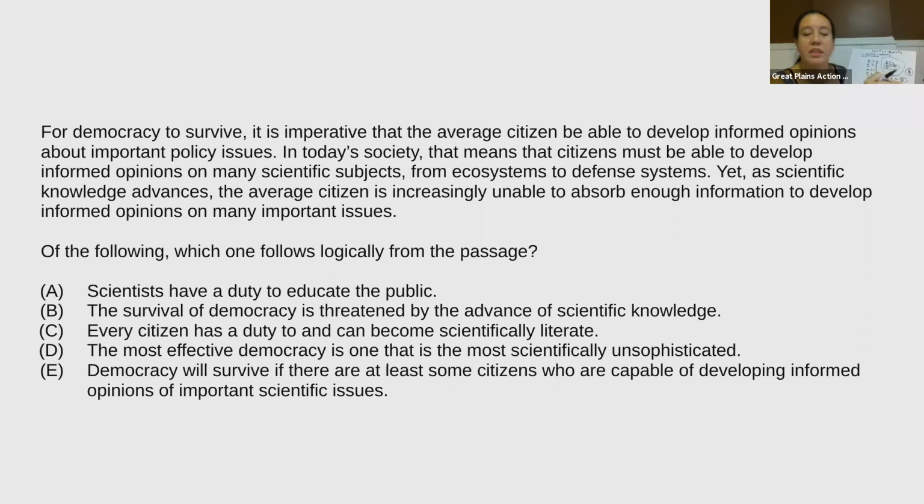So that's bringing in new stuff, rule that one out. Democracy will survive if there are at least some citizens who are capable of developing informed opinions on scientific issues. That doesn't follow from the premises. So we see that B, the survival of democracy is threatened by the advance of scientific knowledge, is the correct answer given the structure of the premises.